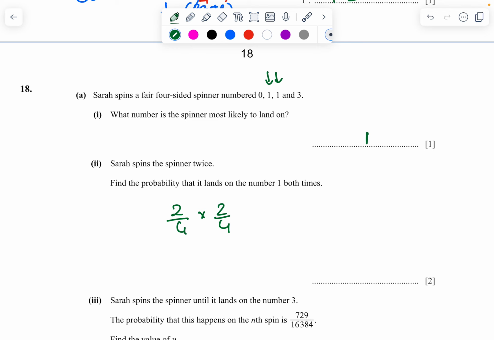I do that, and then I should be getting the answer, which is 1 upon 4. That is 1 upon 2 times 1 upon 2, which is 1 upon 4.